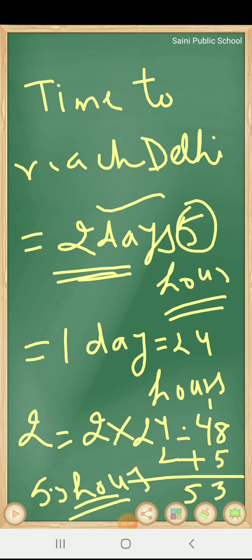So the time to reach Delhi, 2 days 5 hours, is equal to 53 hours. In this way we can convert days into hours. For converting days into hours, we multiply the number by 24, because in one day there are 24 hours.